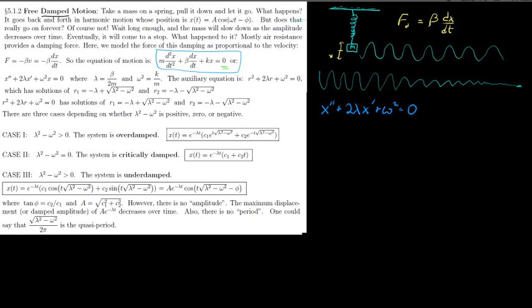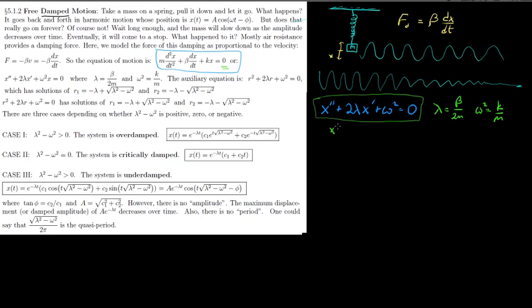In this case, lambda is just beta divided by 2m, so that explains the 2, and omega squared is just the usual k over m, as before.